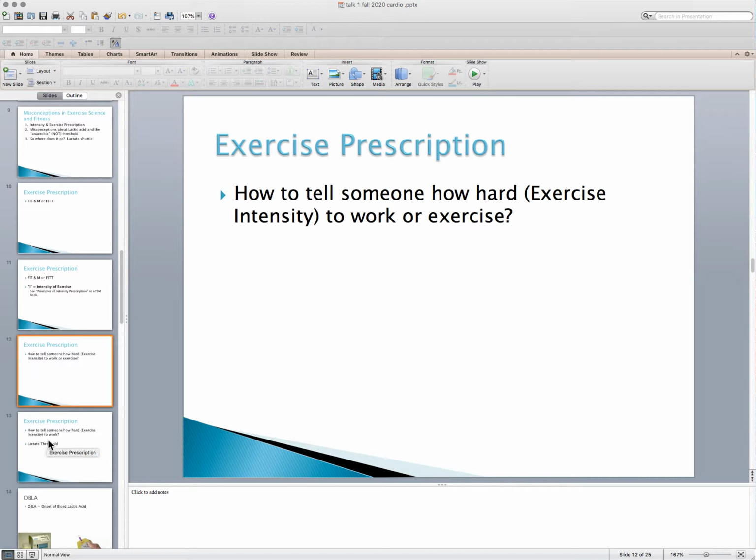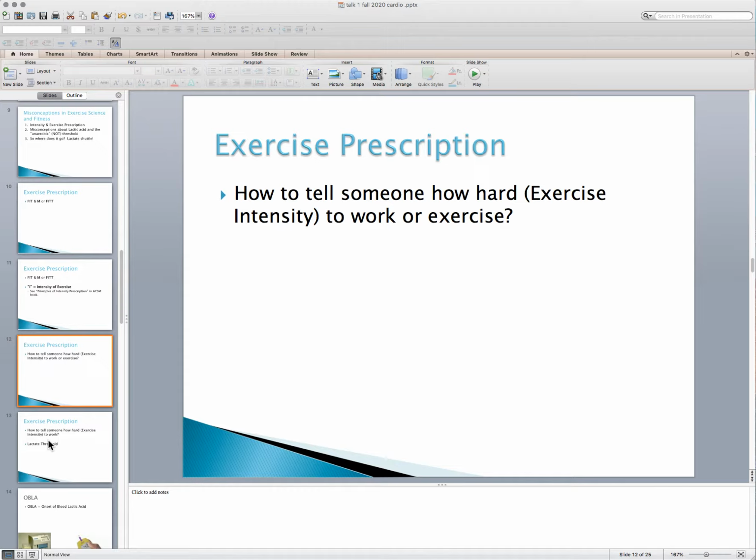It could be heart rates, and that's a relatively simple and easy way to measure exercise intensity. And we have a lab on measuring heart rates and at what percent of max or what percent of a heart rate reserve are different exercise intensities. It could also be power, and we had a short video of measuring power and how to calculate power.